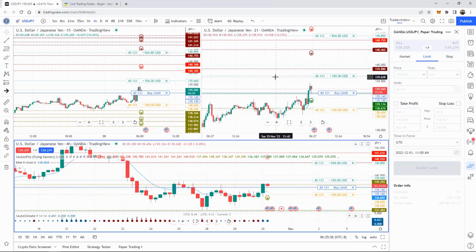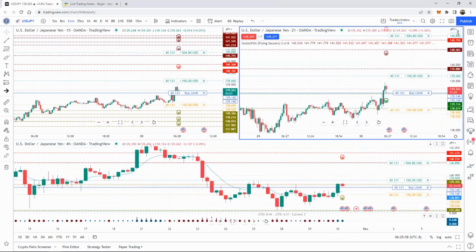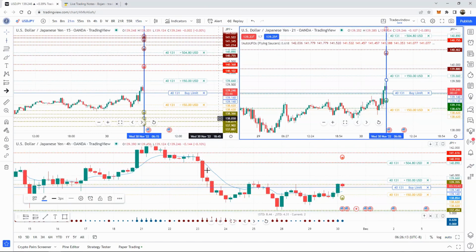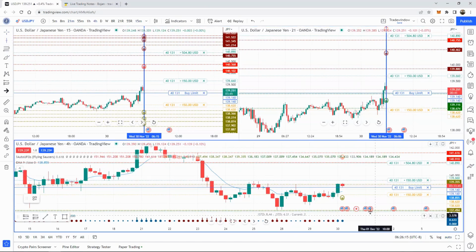Something that I like to do, so I keep myself accountable and I keep things very visual, is I like to have my charts very clean when it comes to what I looked at when I was looking at it, at what time.